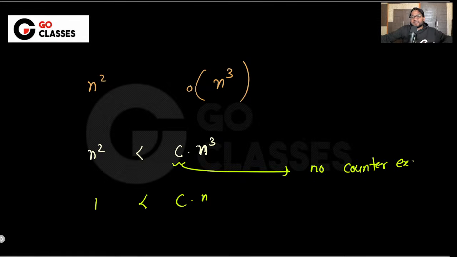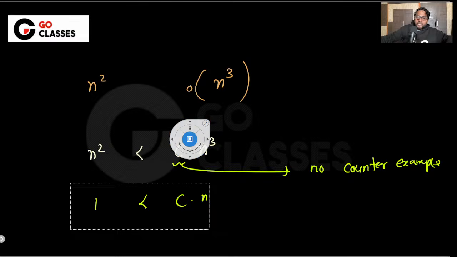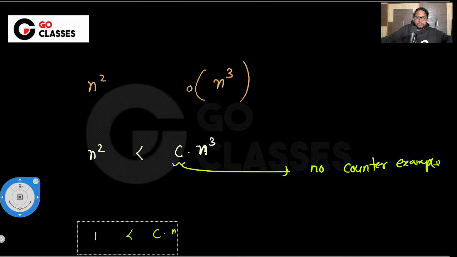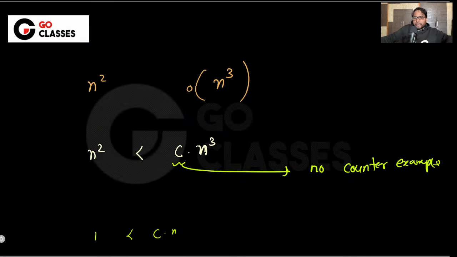Now some people might say that if you take c very small, let's suppose c equal to 1 upon 10,000, or 10 lakhs or something like this, you can't beat this n. After some point in time this will definitely dominate. What point in time?